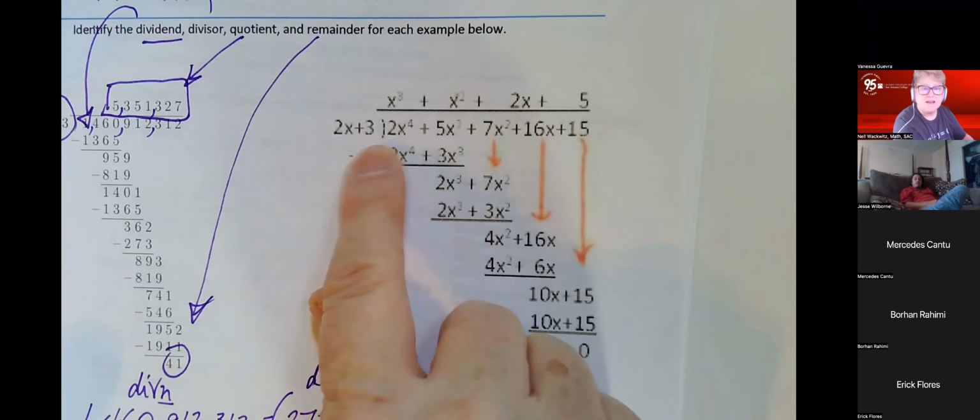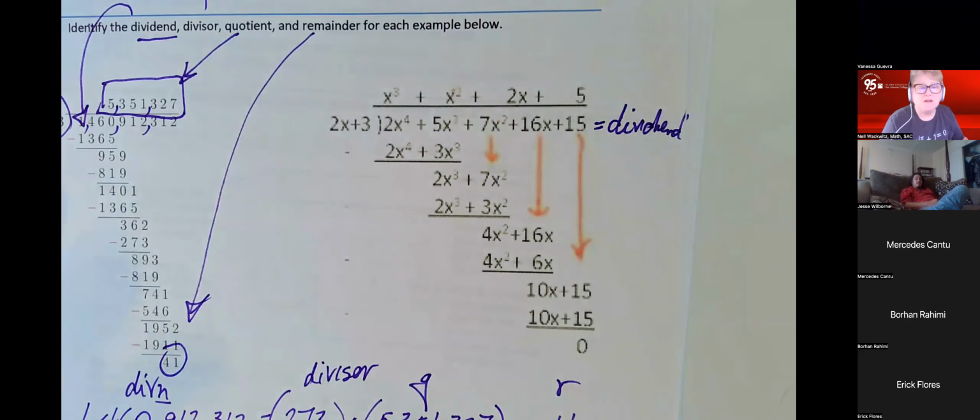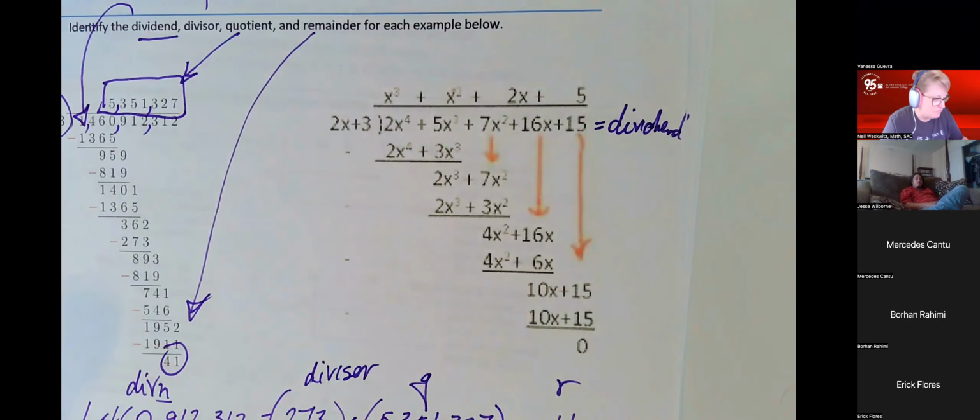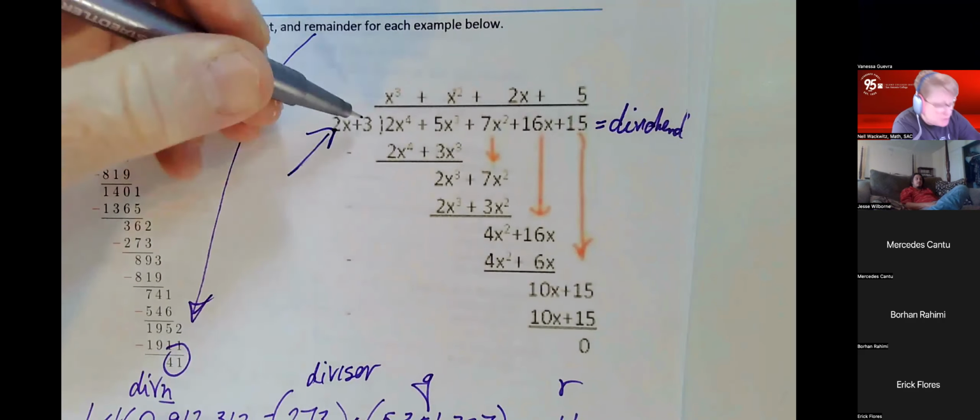So in this example, the dividend is the number being divided. That's 2x to the fourth plus 5x cubed plus 7x squared plus 16x plus 15. The number doing the dividing is 2x plus 3.